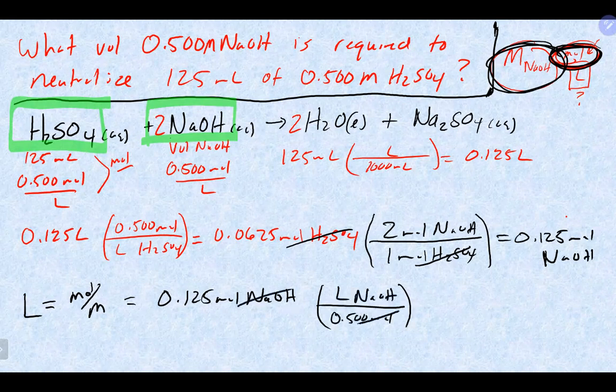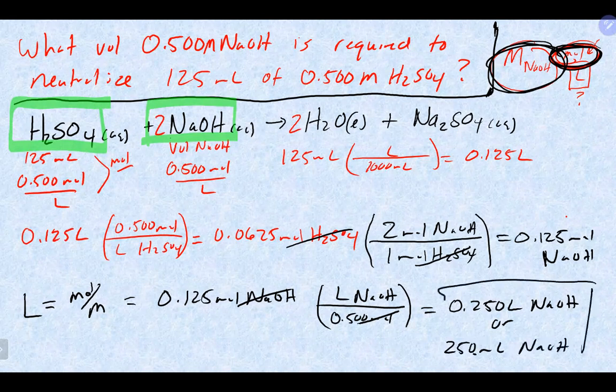The moles will cancel and divided by 0.5 gets us 0.25 liters of sodium hydroxide, or if we multiply it by 1,000, 250 milliliters of sodium hydroxide would be needed in this case.